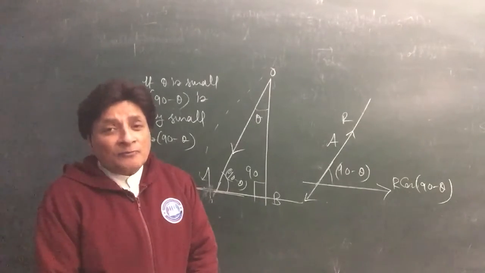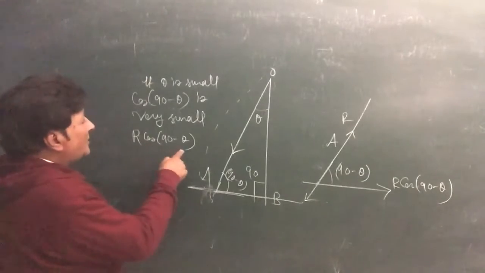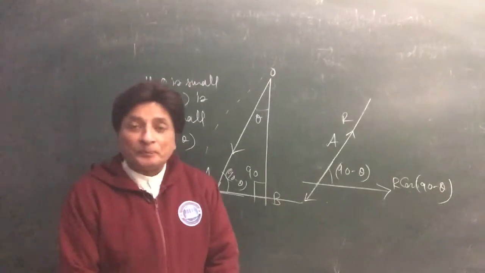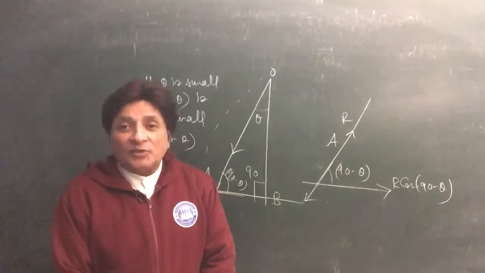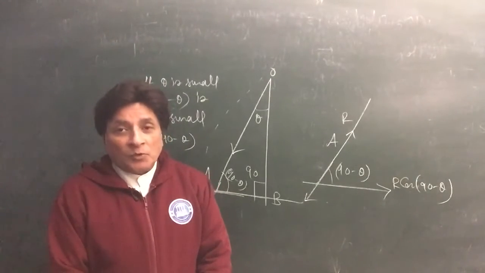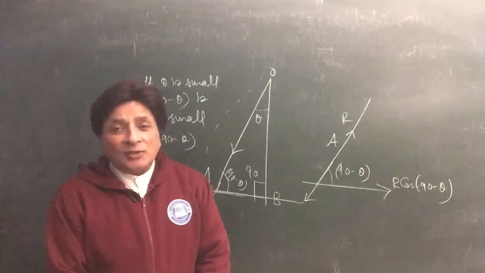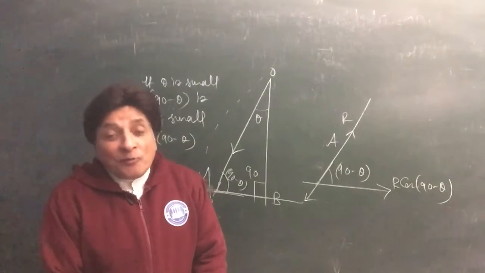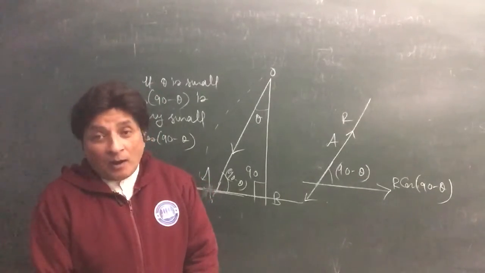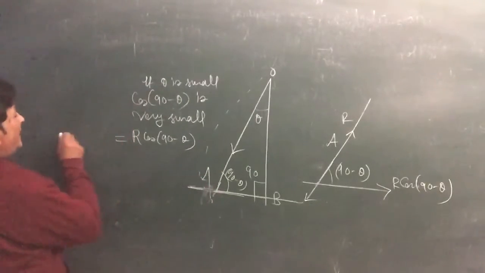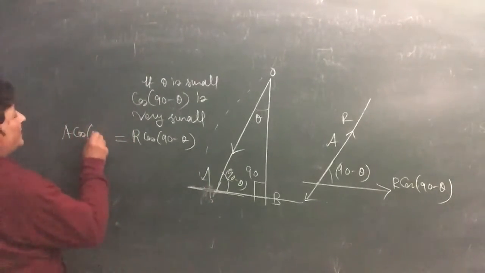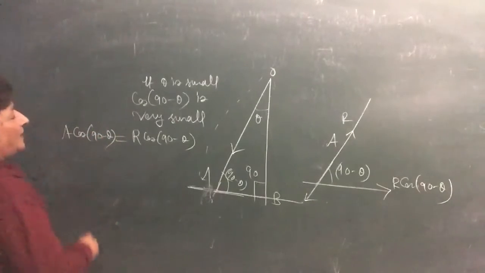Because if you increase this R cos 90 minus theta, that reaction will not be available, because you increase action, because R cos 90 minus theta is equal to A cos 90 minus theta.